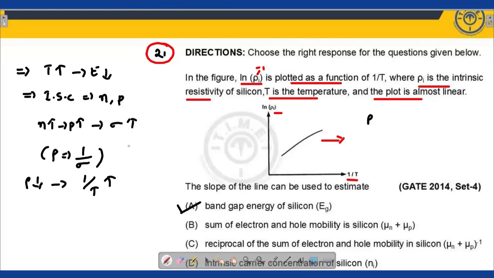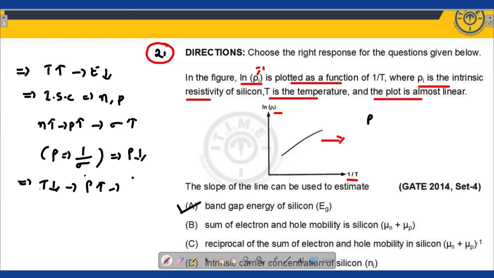Generally, what happens, my dear friends? When the energy gap is more, here what happens? Ultimately, when conductivity increases, the resistivity decreases. Leave it apart over here. See, if temperature decreases, then the resistivity increases.